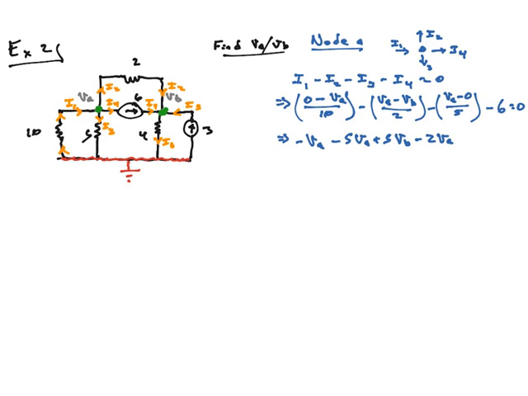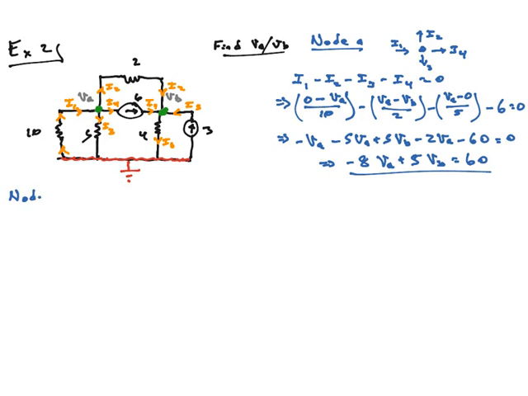And then the 6 times 10 gives me minus 60 is equal to 0. There's my equation. I want to simplify this, get it in the standard form. So minus VA minus 5VA minus 2VA is minus 8VA plus 5VB is equal to 60. And that's all I can do with him. So there's my equation for node A done.